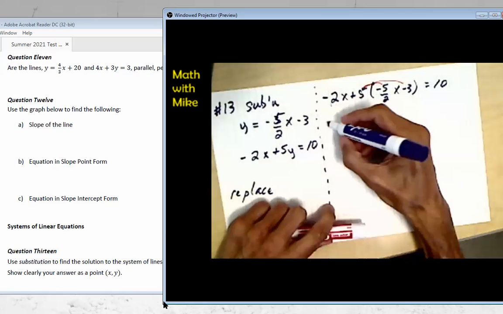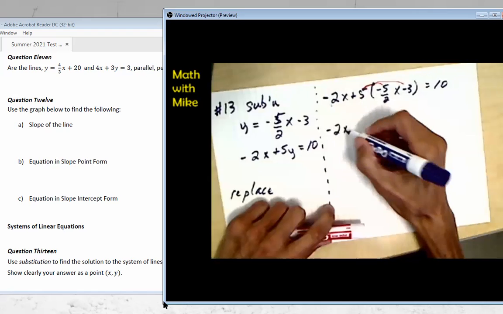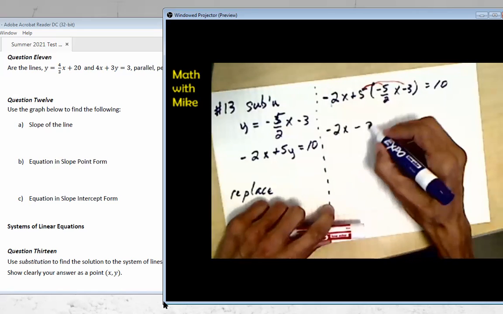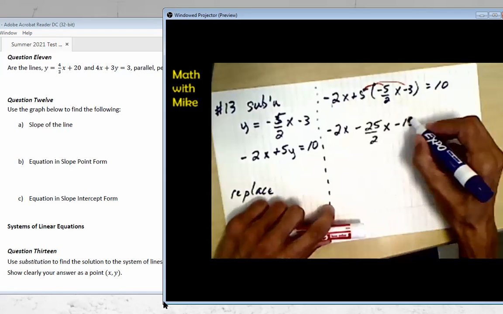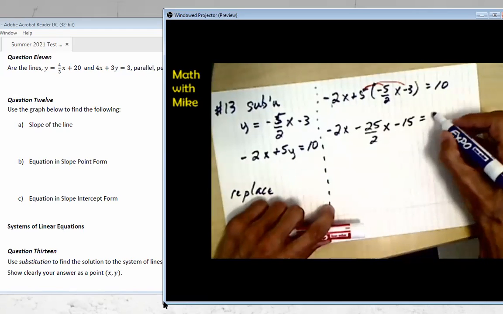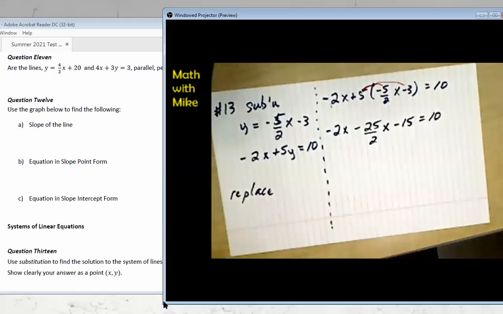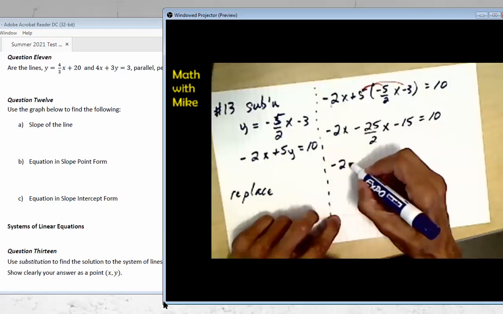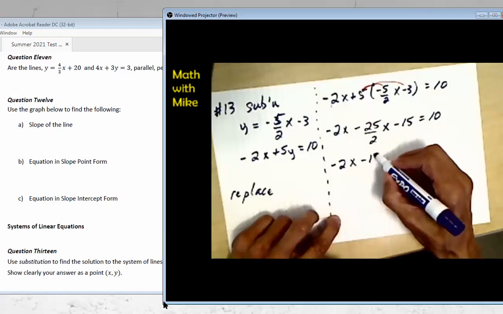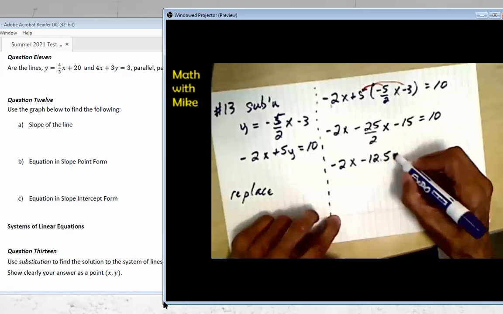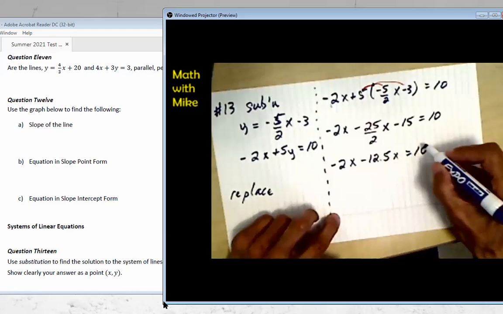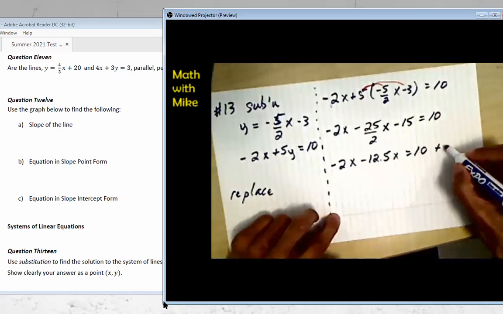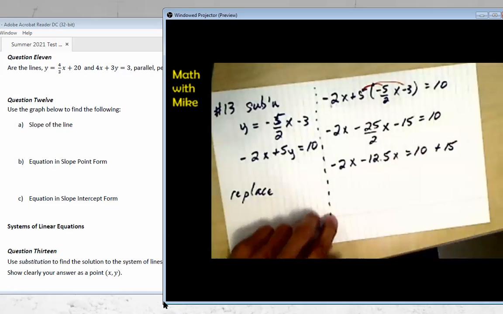So get -2x minus 25/2 x minus 15 is equal to 10. Working on these x's, this is -12.5. And at the same time, I'll move this to the other side and switch the sign.